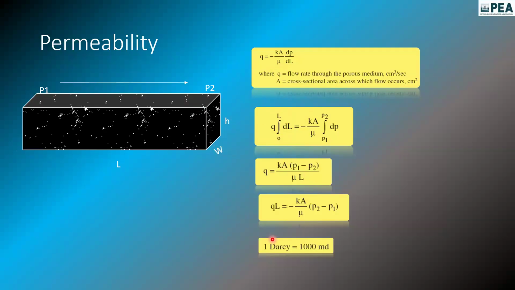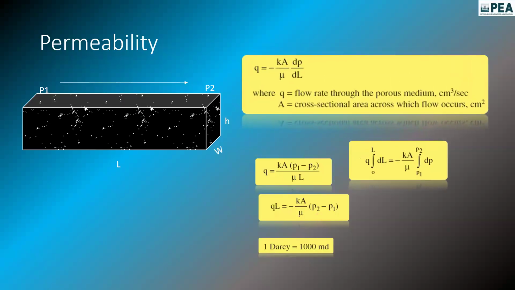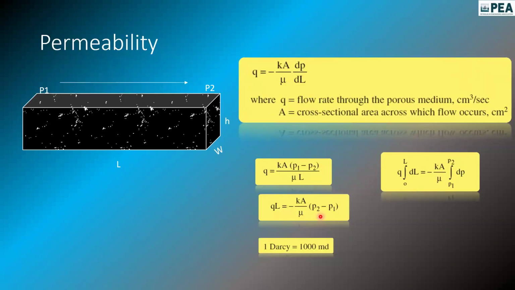After putting in those values, you will get the value of permeability from this equation: QL is equal to minus KA by mu, P2 minus P1. The measurement for permeability is taken in millidarcy. One darcy is equal to 1000 millidarcy. Mostly we consider millidarcy as the prominent unit for permeability. So this is about permeability.